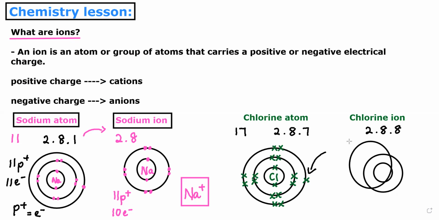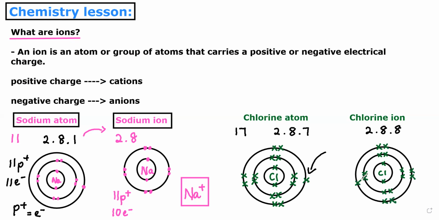Now let's draw after gaining that it has got. This chlorine has 2 in the first shell, 8 in the next shell, and originally it had 7, and then it gained 1 more. I'm going to show that.